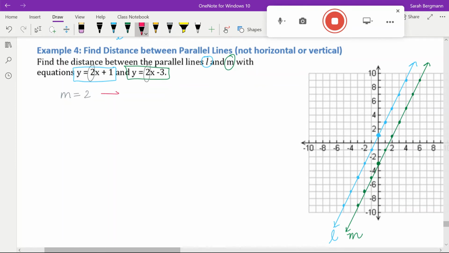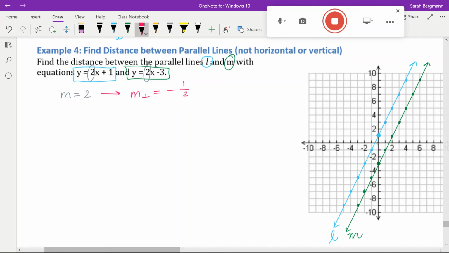Now, the next step is figure out what's the slope of the perpendicular. It would be -1/2. So this means go down 1, over 2, to find the next point from one point to another. Now we can either start on the blue line or the green line, and you want to start at its y-intercept.